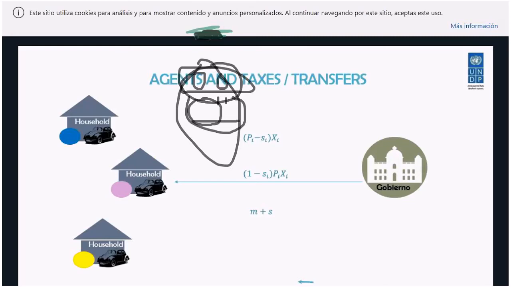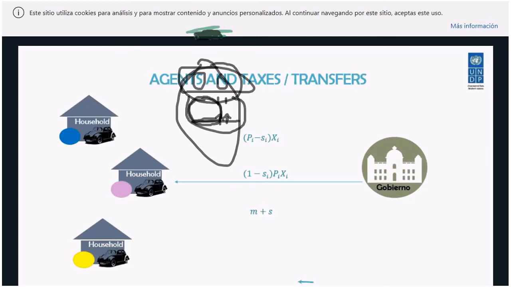Households consume an X quantity, let's say 3 rides per week at the market price, but this will be discounted by a factor, which is a share of the subsidy.